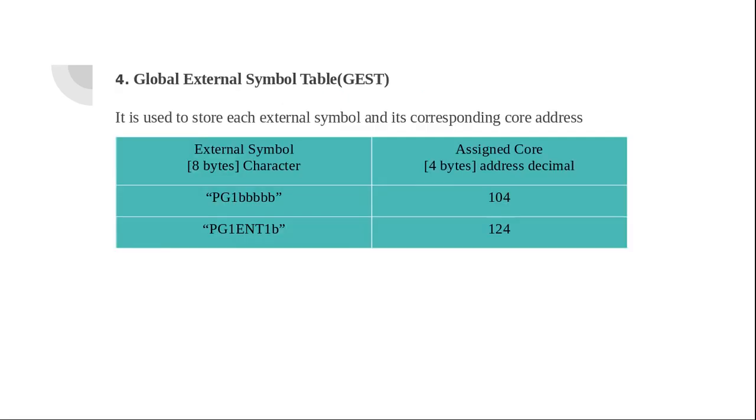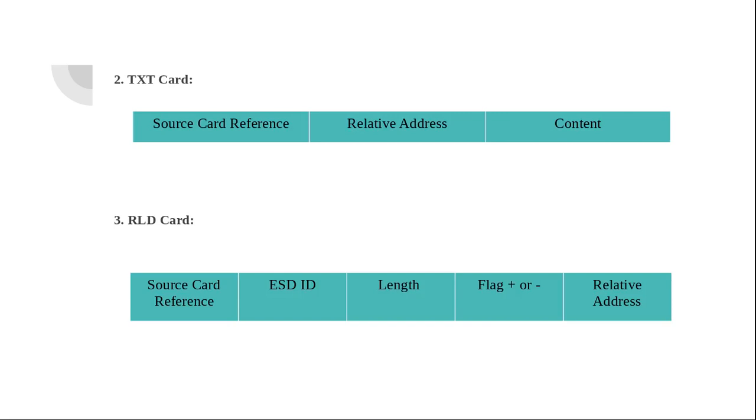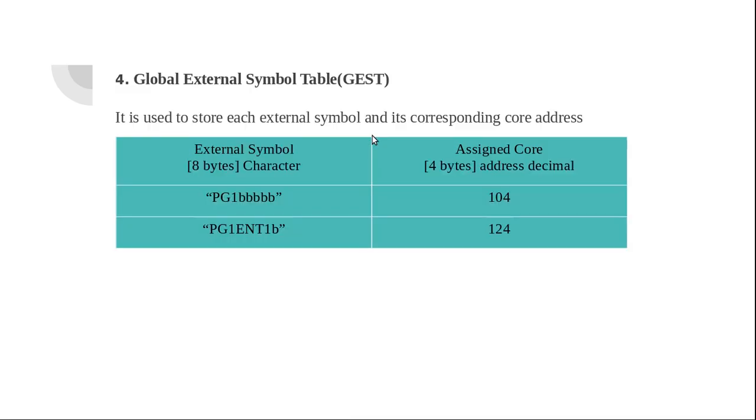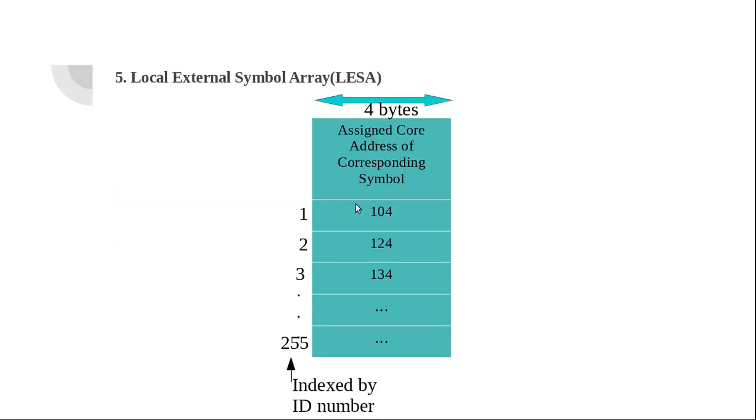When I explained the RLD card, it contains the ID of the symbol. It does not contain the name of the symbol by which we are changing the address constant value. So in order to match the ID number with the corresponding symbol's absolute address value, we are using the local external symbol array.